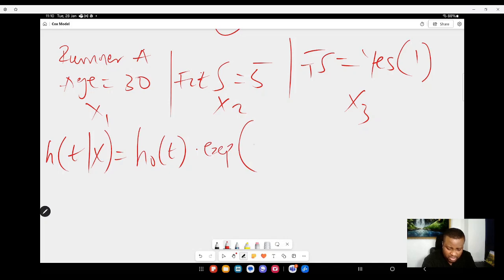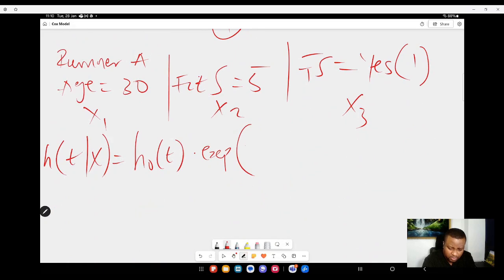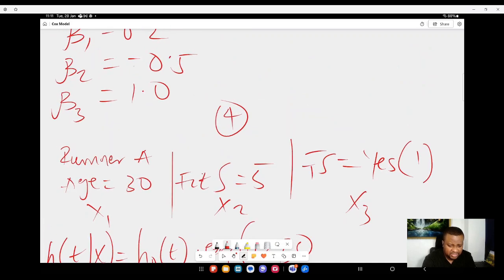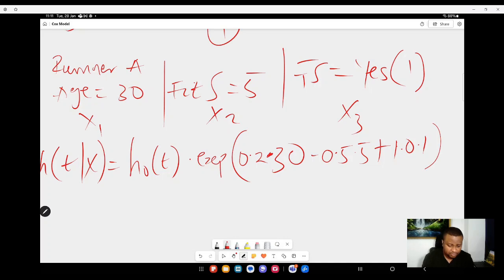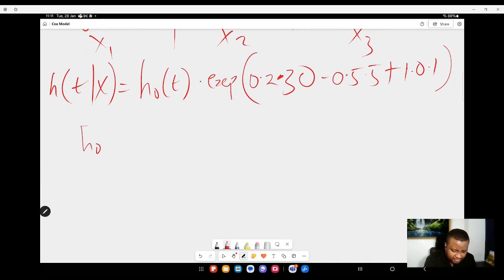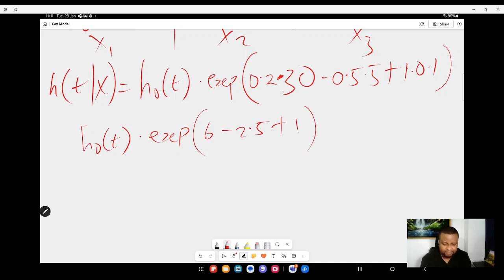Remember, the beta of the first one is 0.2, and the age, the covariate one, is 30, plus, but because of this minus sign here, we are going to have minus 0.5 times the fitness score we gave, which is 5, plus the coefficient beta 3, which is 1, multiplied by, remember we said the fancy shoe here is yes. So it's going to be 6 minus 2.5 plus 1.